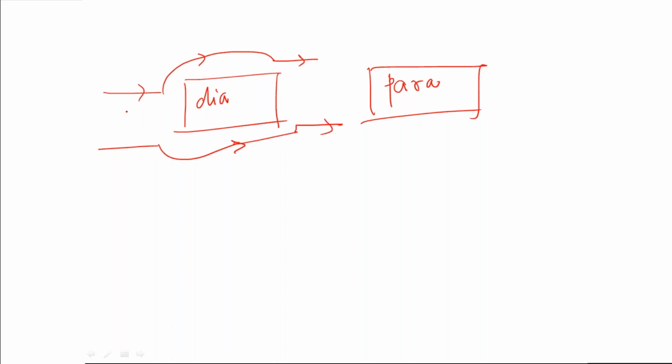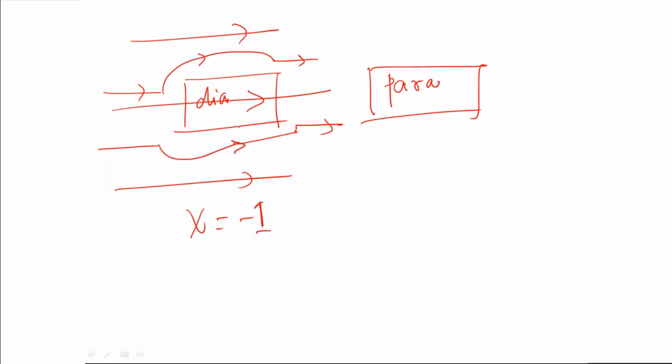See, I'll just draw. This is dia magnet and this is para. So what is the difference? See, the dia will not allow any magnetic field lines to pass through them. So this goes like this, and outside it will be like this.